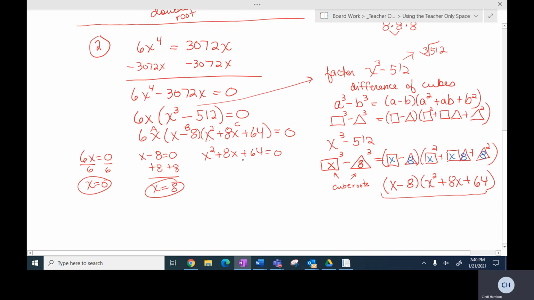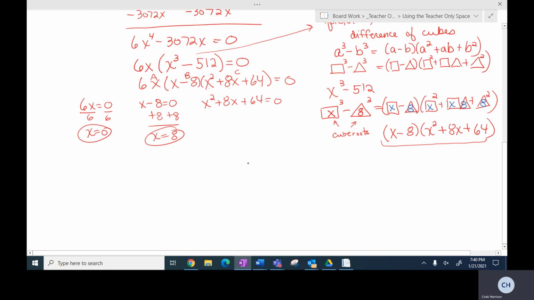Now, since this cannot be solved by factoring, we have to use a different method. Hopefully by this point, you have reviewed using the quadratic formula, and that's what we need to do here. So our A is 1, our B is 8, and our C is 64.